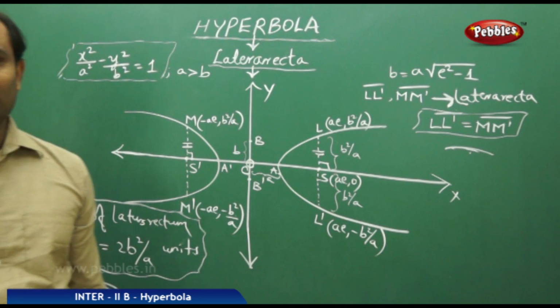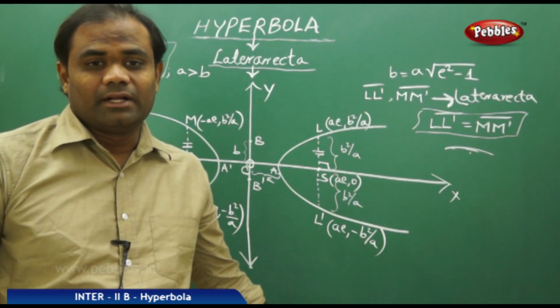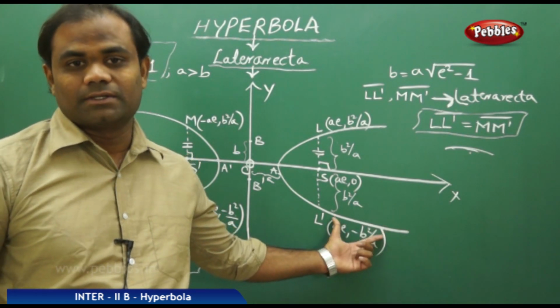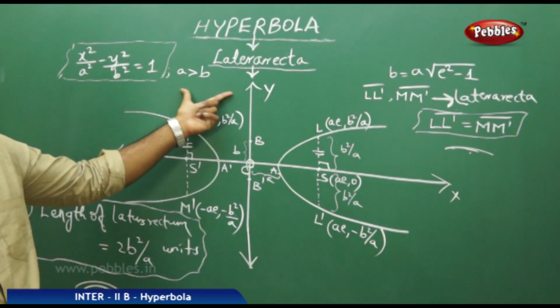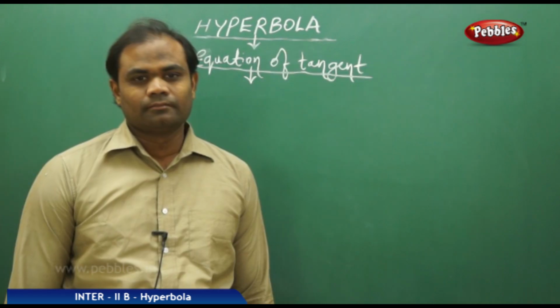So lateral recta, their extremities and their length is what we have discussed for the hyperbola in standard form with a greater than b.